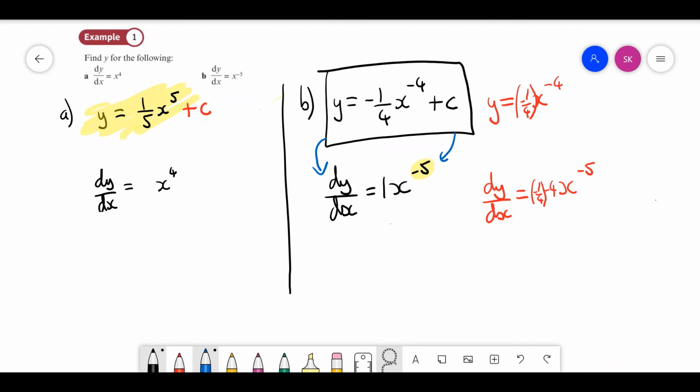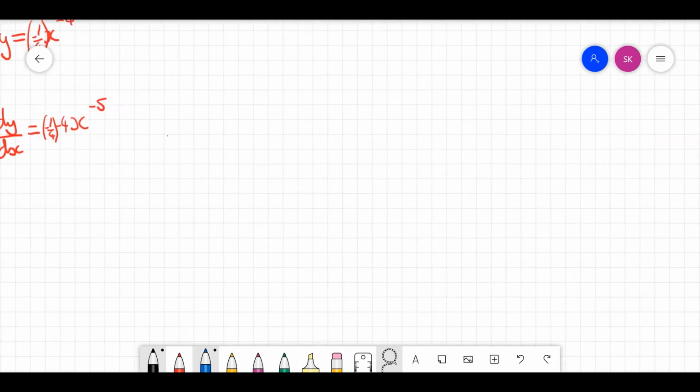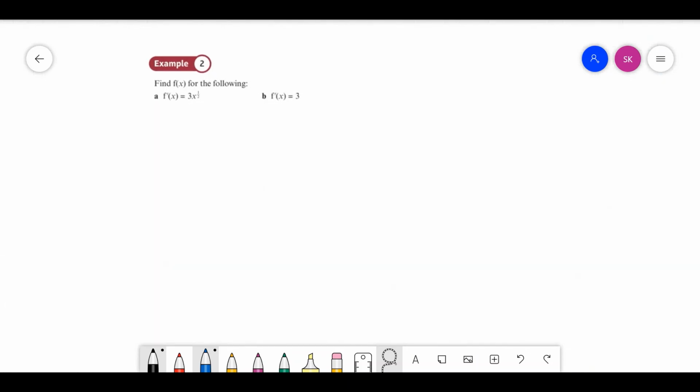So pause the video, make any notes that you need to. It's a little bit of a long process to start off with, but trust me guys, if we master this process and you set it out how I'm telling you to set it out, it will all be very simple when we start doing more complicated integration later on, both this year and next year. All right, let's look at the second example.